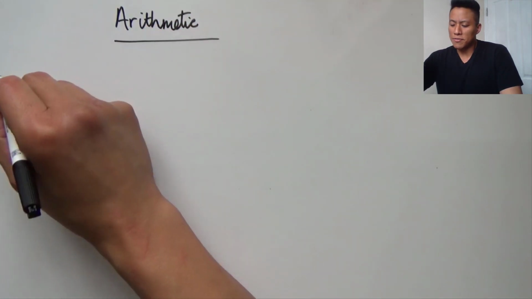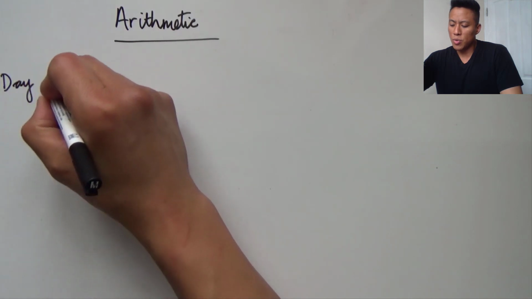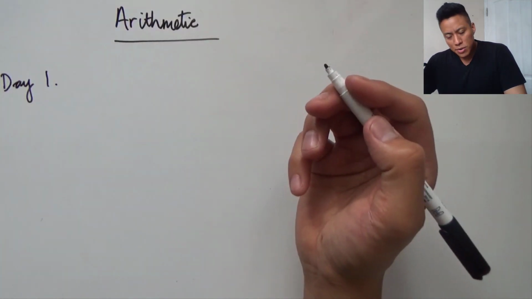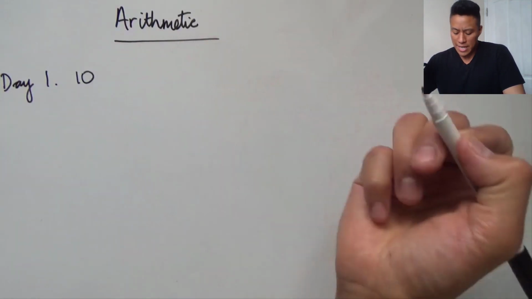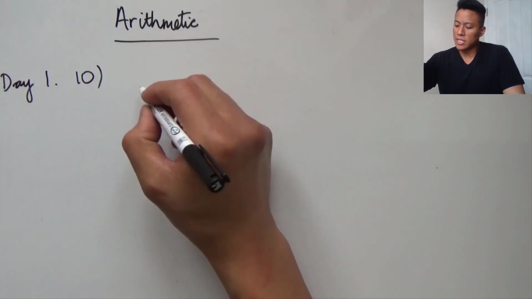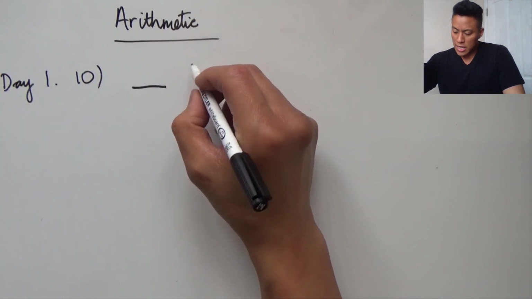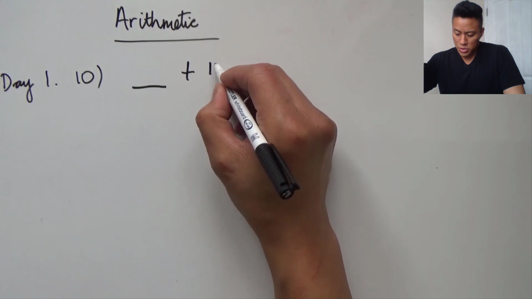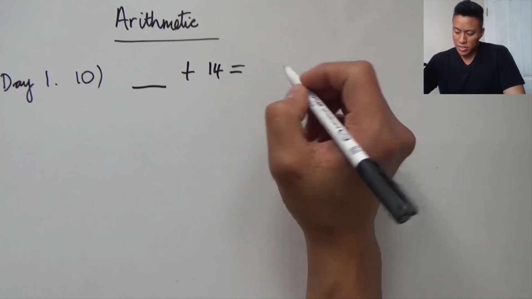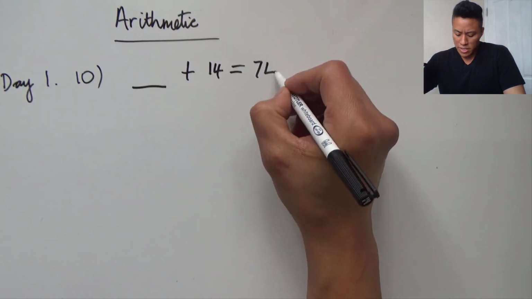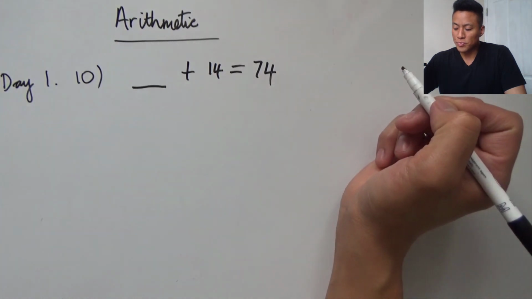Let's look at day 1 first, and I want to look at question number 10. Question number 10 looks like this: something add 14 is equivalent to 74.